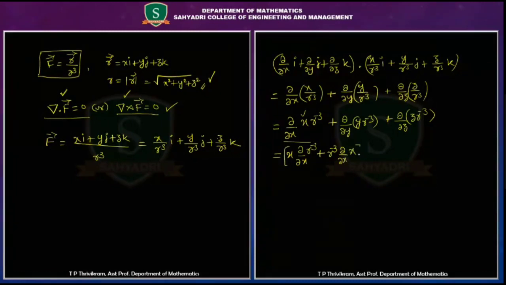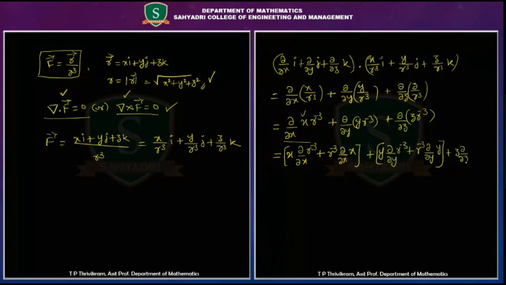This is for the first term, plus y into dou by dou y of r power minus 3 plus r power minus 3 into dou by dou y of y, plus z into dou by dou z of r power minus 3 plus r power minus 3 dou by dou z of z.